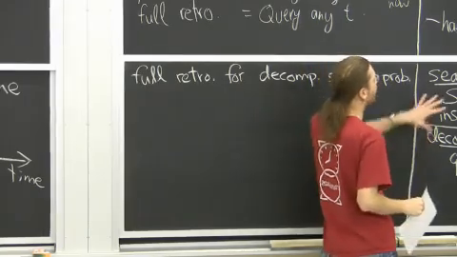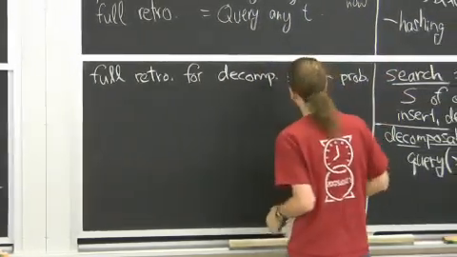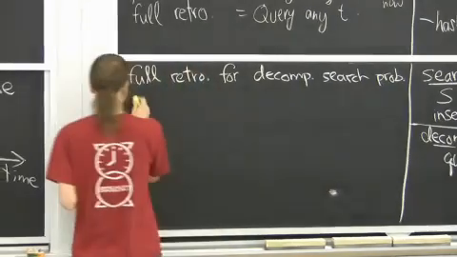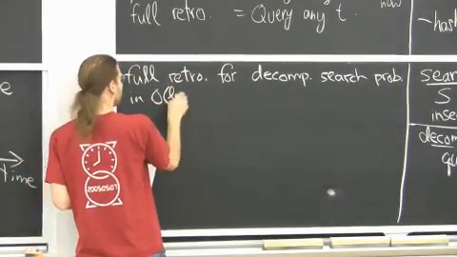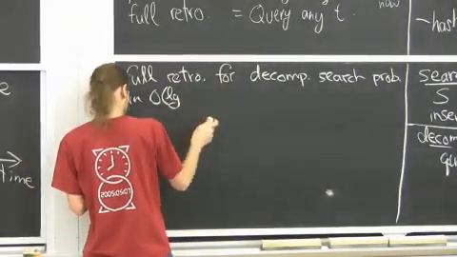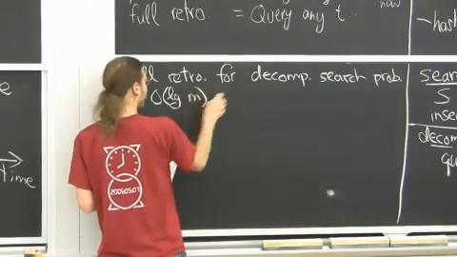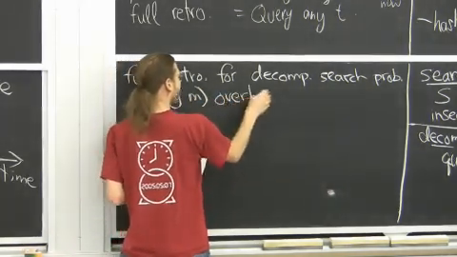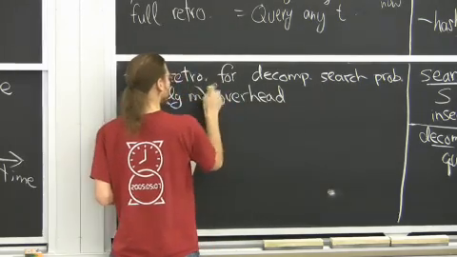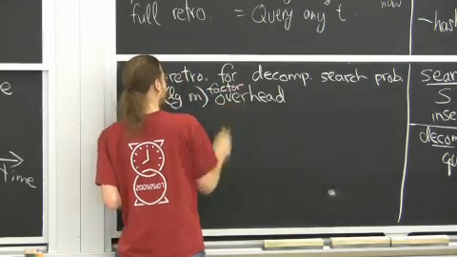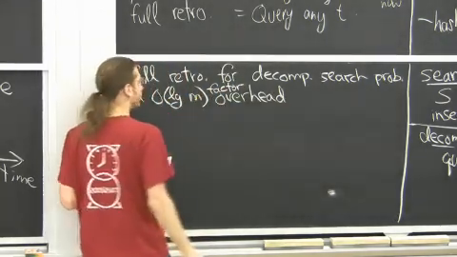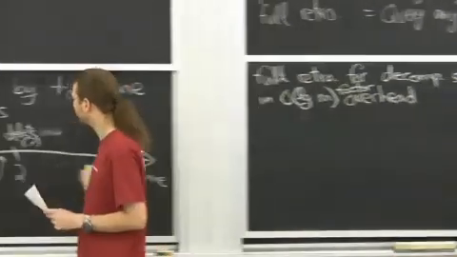Decomposable search problems are automatically commutative and invertible, so I don't need to write that constraint. In the log I have n here, but I think I mean m overhead. It's a multiplicative factor. M here is the number of retroactive operations you're doing, so it's the size of the timeline.